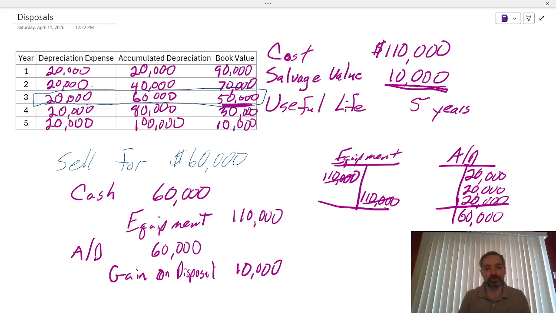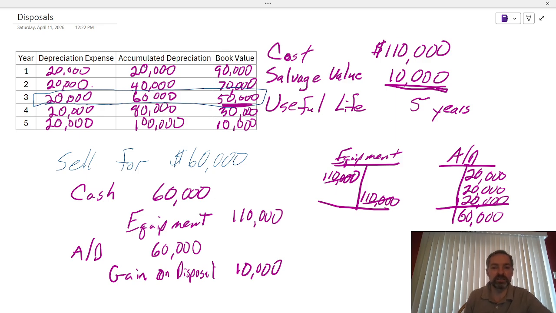All right, so we have cash, equipment, accumulated depreciation to get rid of that, and then whatever's left over is a gain or a loss. How do I know if it's a gain or a loss? Two ways. First of all, I can start putting together this journal entry, and if I end up needing a credit, it's a gain. Like revenues, we credit revenues, we credit gains.